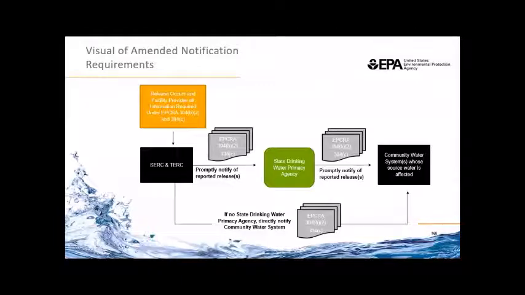All right, this next slide just provides an overview of all the amendments to Section 304 that I just discussed. Starting on the left-hand side at the top in the orangish-yellow box, the release occurs, and the facility provides all the information required under Section 304 to the CERC or TERC. Then with the amendments, the CERC or TERC must promptly notify the State Drinking Water Primacy Agency, who in turn notifies the affected community water system whose source water is potentially affected.